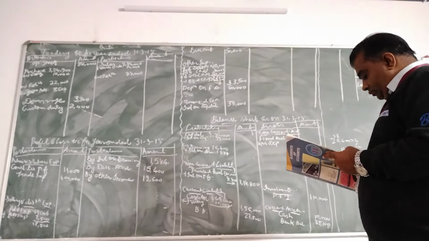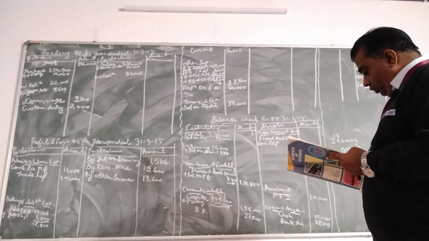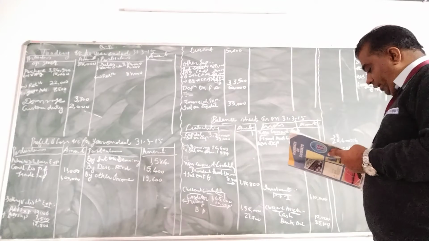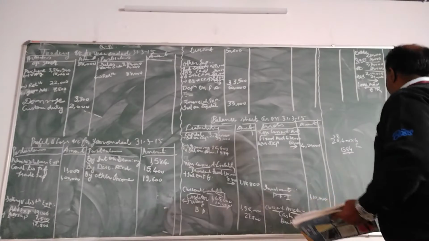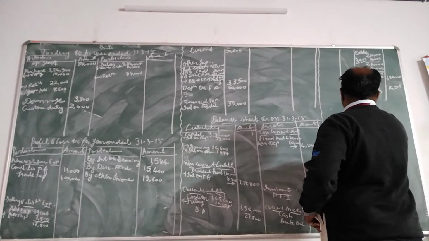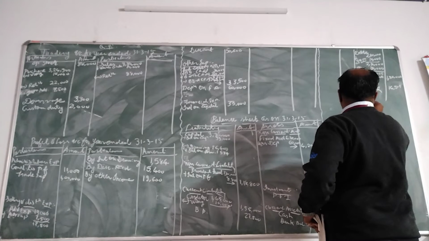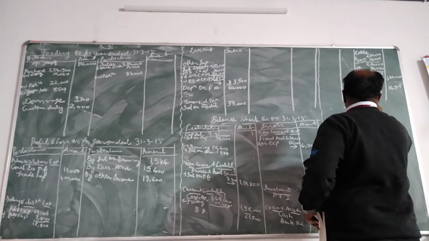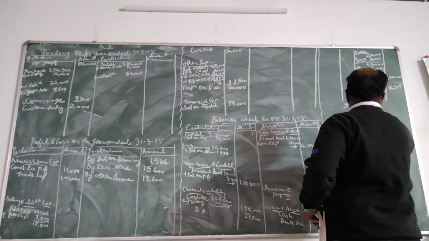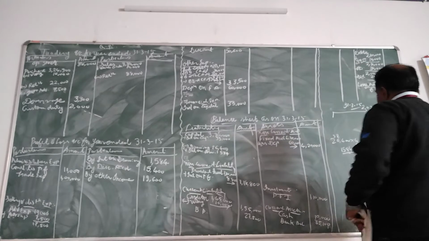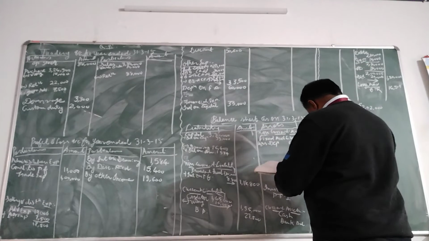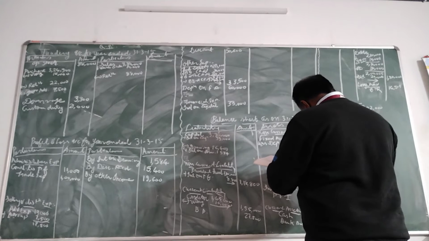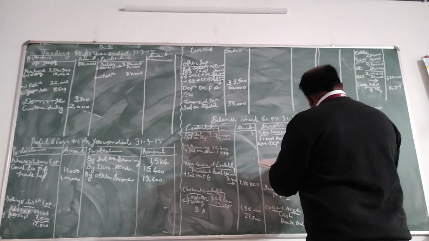So let's solve this. 2,02,000 is the stock as of 31st March 2015. Closing stock is 2,02,000. Out of that, 2,000 stock was for advertisement expense.